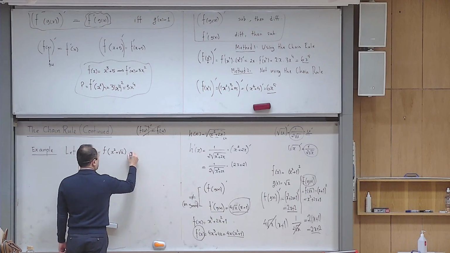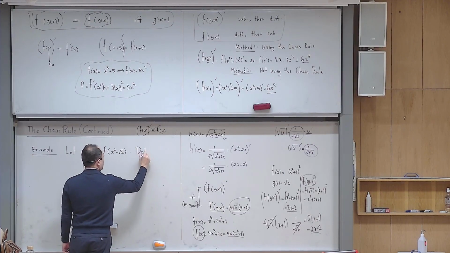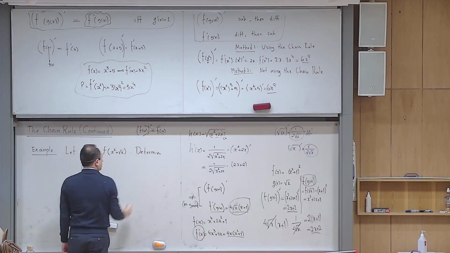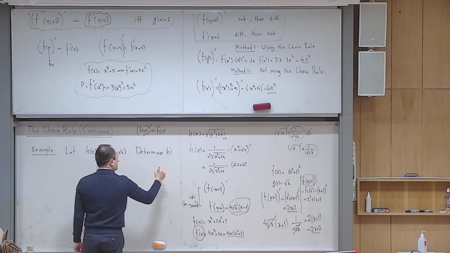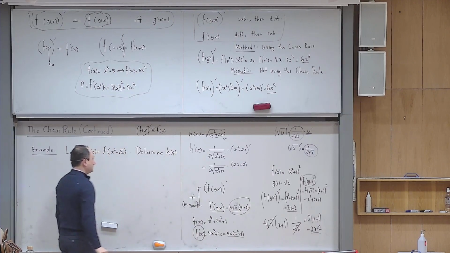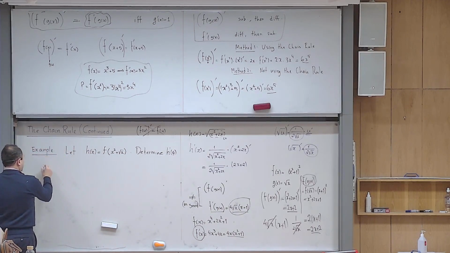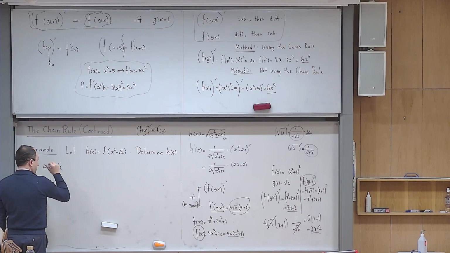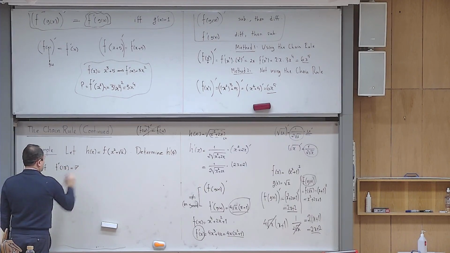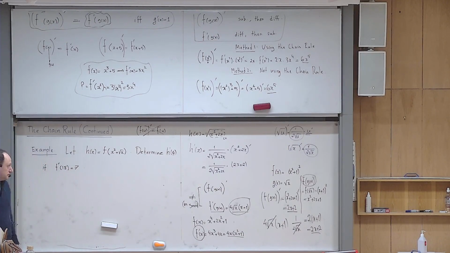So calculate, determine h prime of 4 if f prime of 18 is 7. So these kinds of questions.